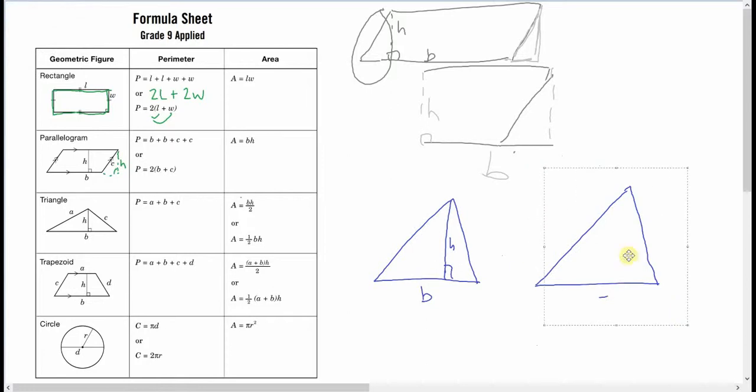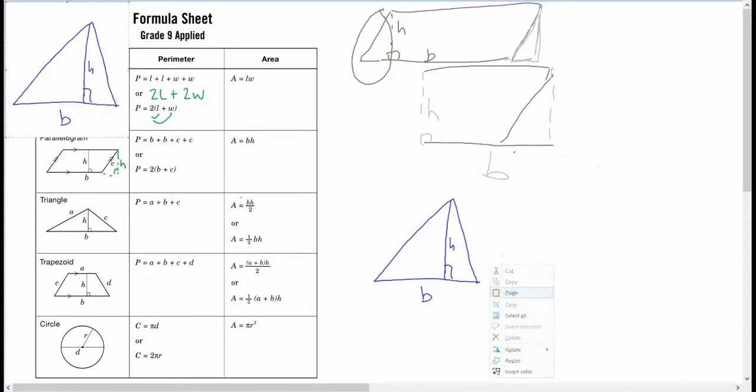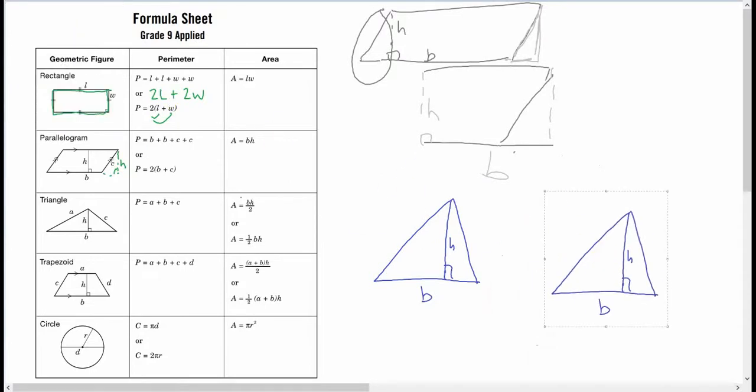If I was doing this on paper, I would just make copies of the shapes and I would cut them out. Okay, so let's see. I'm going to try to do that here. I'm going to do copy, paste, bring it here. So I have another one that's the exact same size.